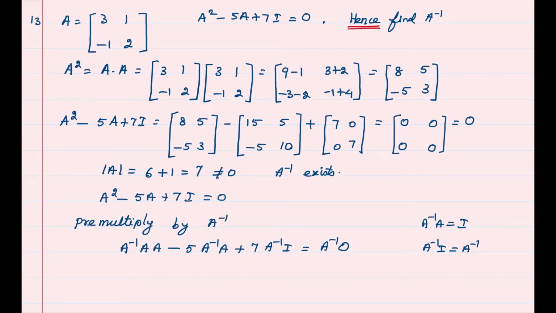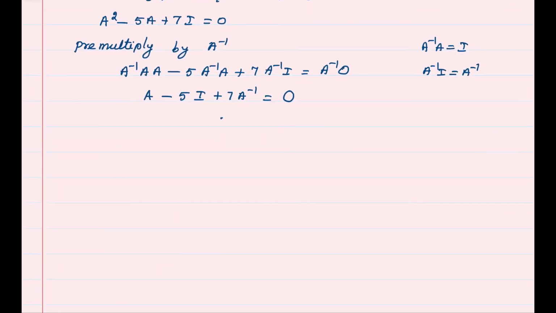Therefore, this becomes I into A, which is A, minus 5 times I plus 7 times A inverse is equal to 0 matrix. From which we can find A inverse. 7 times A inverse is 5I minus A. 5I is 5 0 0 5.